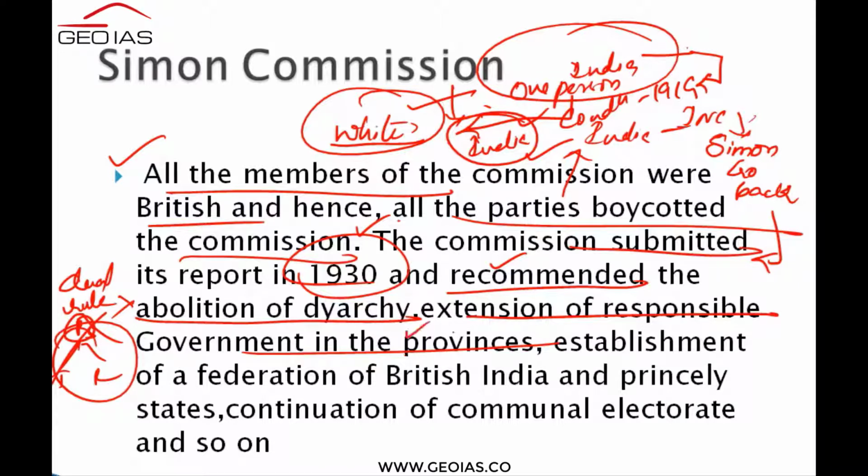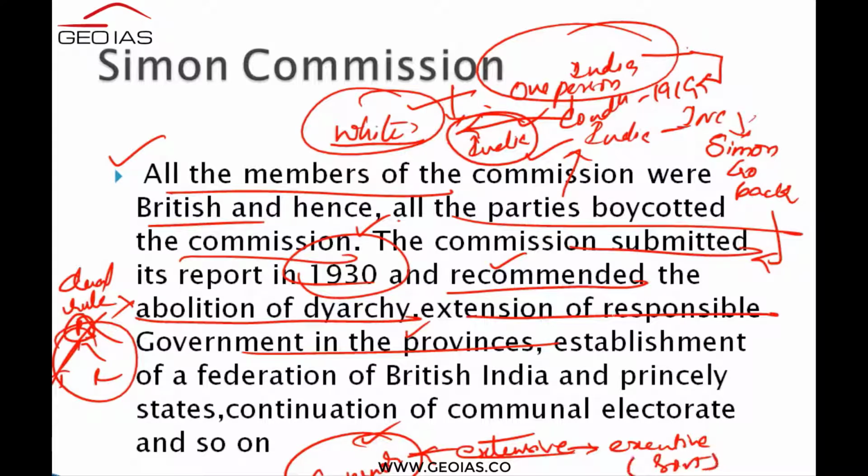The governor's extensive powers should be curtailed, with some of the important powers removed from the governor and given to the executive or government of the provinces. A federation of British India should be established, uniting the princely states with British India, and the communal electorate should be continued. So what are the major 4 recommendations given by the Simon Commission?